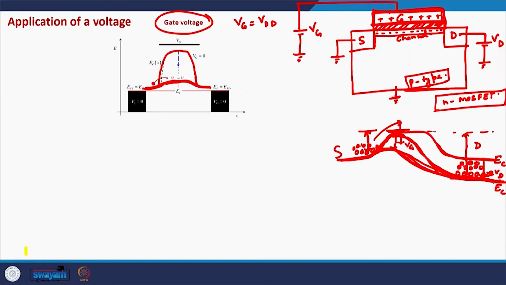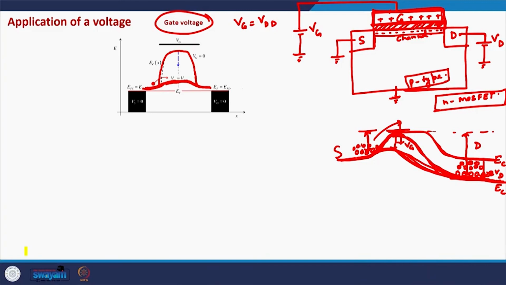But since we are also applying a drain voltage, the barrier for electrons on the drain side is more than the barrier for electrons on the source side, and that is why the probability of electrons crossing the barrier from the source side will be more than the probability of electrons crossing from the drain side. So there will be a net flow of electrons from the source to the drain side, and that way a net current will start in the device.